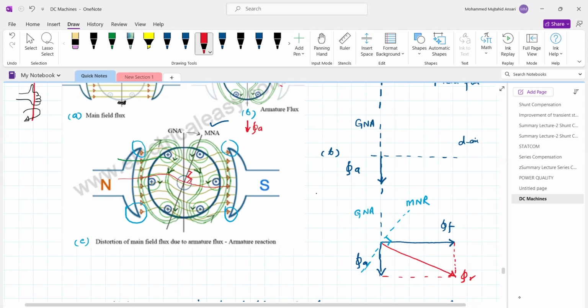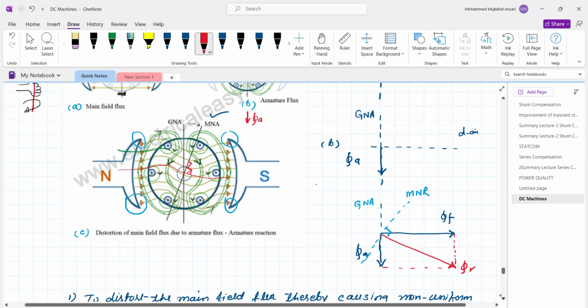Now if we represent the same with the help of a vector diagram, it can be seen like this. This is the geometrical neutral axis. This is the main flux direction, phi f as earlier, and this is the armature flux, phi A. Your magnetic neutral axis gets shifted, so this is the new MNA, and along this magnetic neutral axis is the total flux.